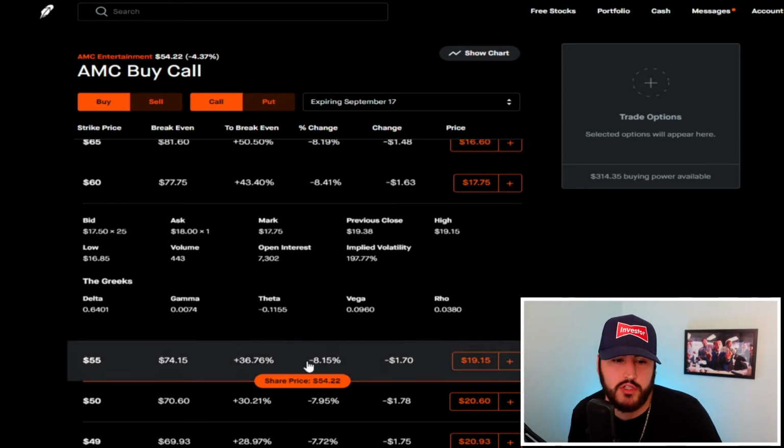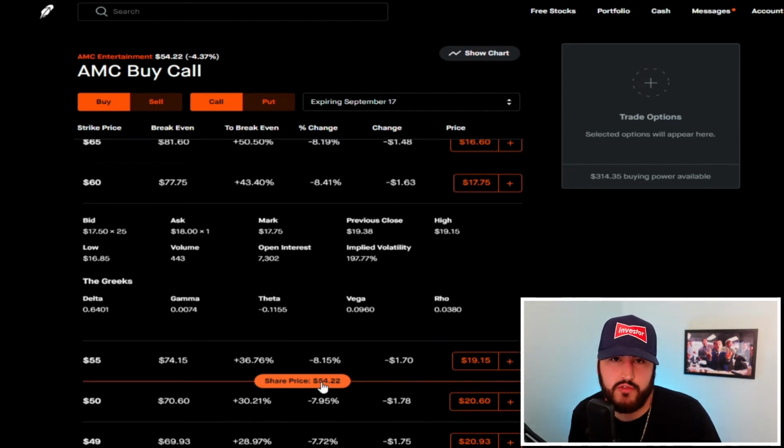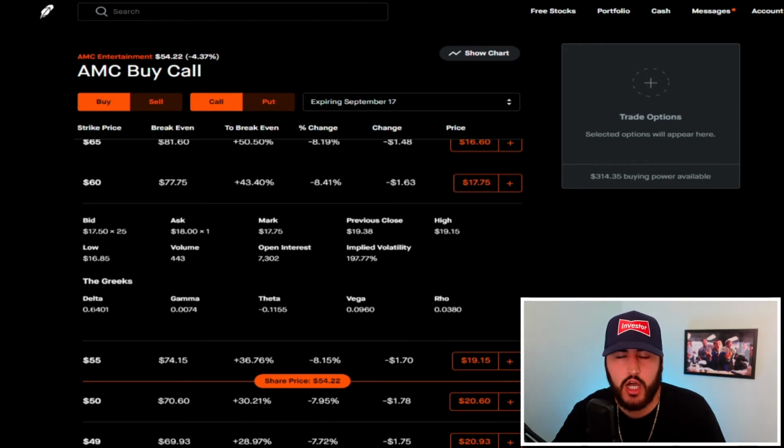If AMC was to drop $1 and go to $53.22, your premium would drop 64 cents. So delta is the change in value of your option given a $1 change up or down in the stock.